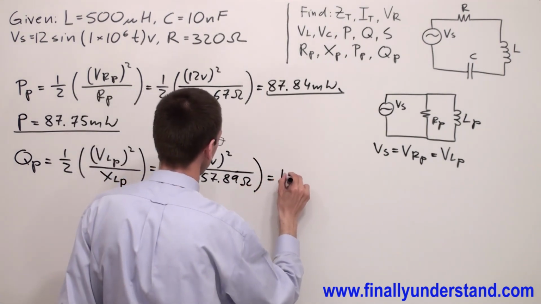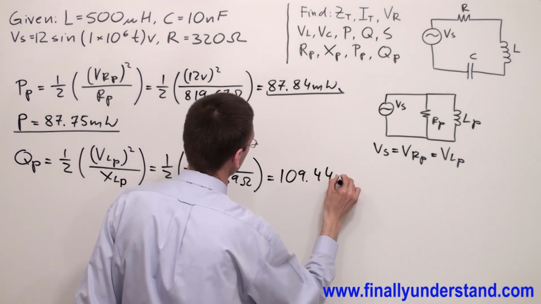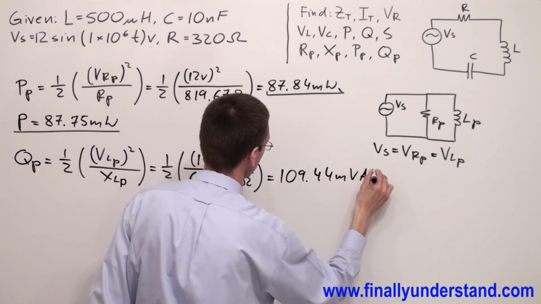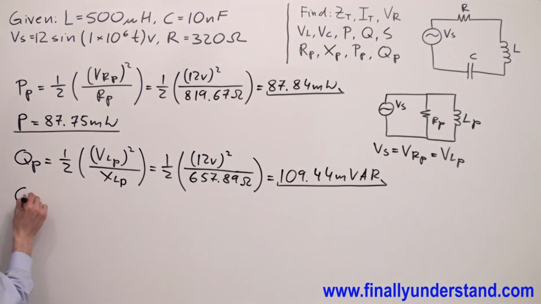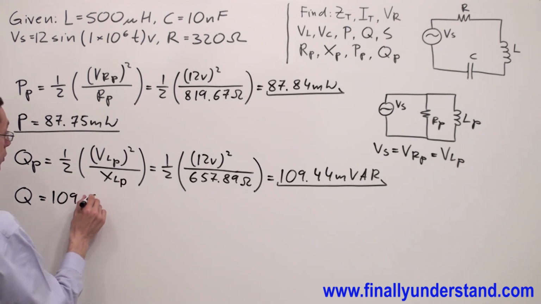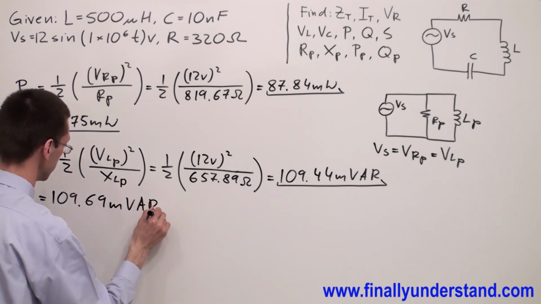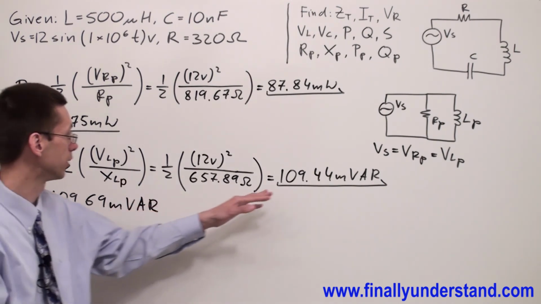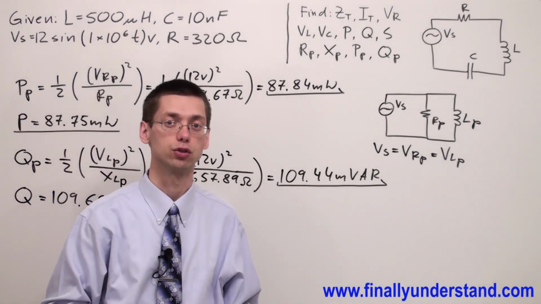You're supposed to get the answer 109.44 millivolt ampere reactive. Let me remind you that we found the reactive power for the series circuit equal to 109.69 millivolt ampere reactive. Again, you can see that these two values are very close to each other. So we can say that the problem is solved correctly.